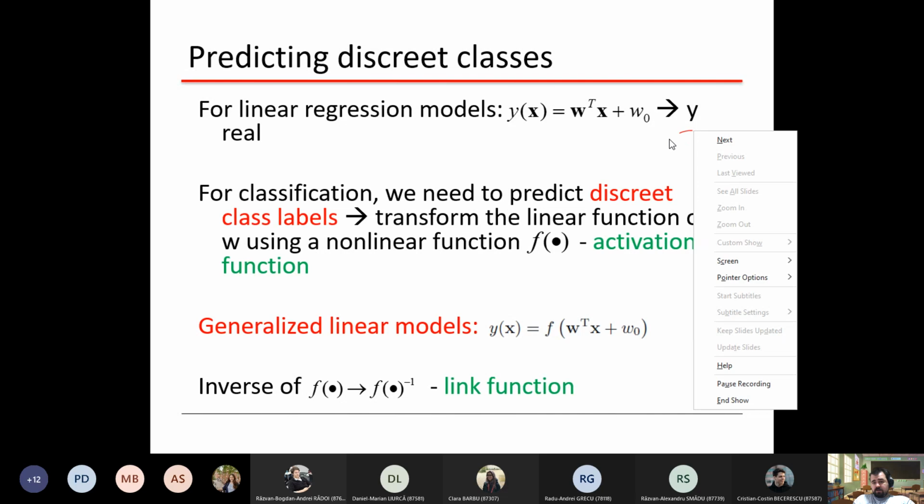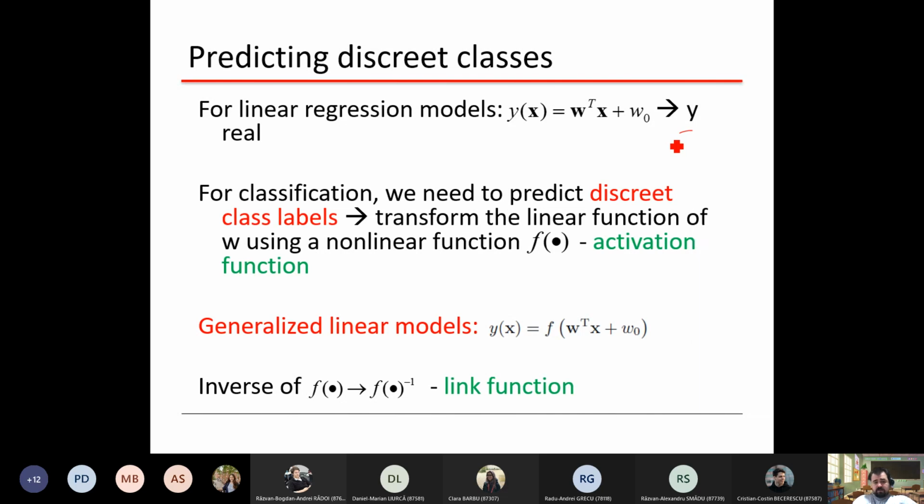So this is what we had to do. However, for classification, we need to predict discrete class labels. So basically what we have to do is to transform the real value, the value of y, using a nonlinear activation function, f, so that to get only discrete class labels.